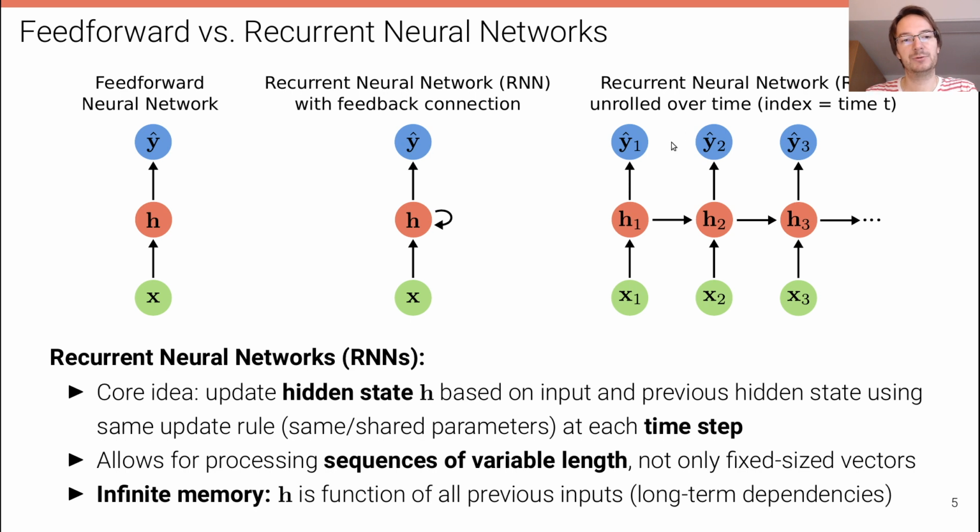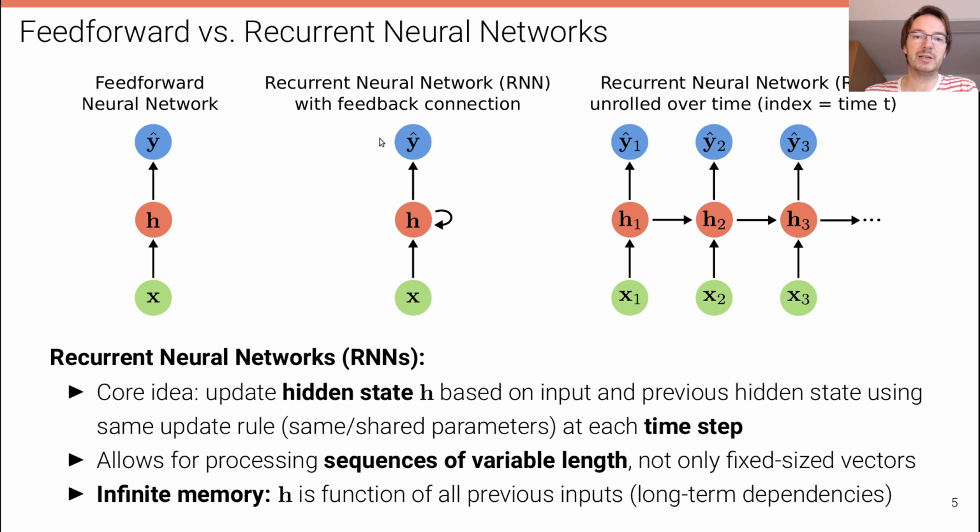In contrast to feed-forward networks that propagate information in a feed-forward fashion from the input to the output, in a recurrent neural network, we have so-called feedback connections that feed back information from one node into the same node again, illustrated here by this little arrow that is pointing from the compute node H back to the compute node H. The core idea of recurrent neural networks is that there is a hidden state that is updated based on the input X and the previous hidden state using some update rule where the parameters are shared.